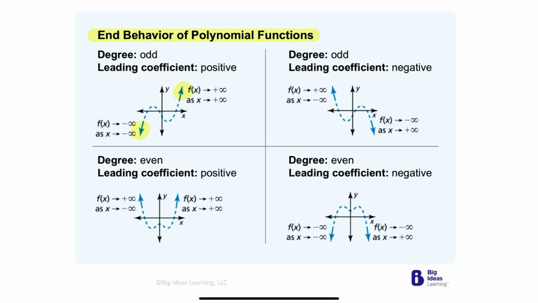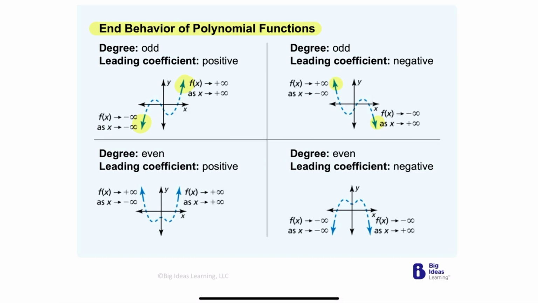There may be arrows at the end, which says that the graph is going to continue infinitely, but end behavior tells us what the two ends of the graph will look like. So you're going to have a starting point of the graph, the left side, because we read from left to right. And then you're going to have the ending of the graph, which is the right side.